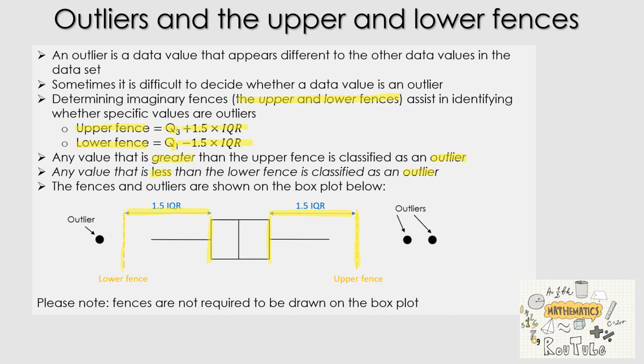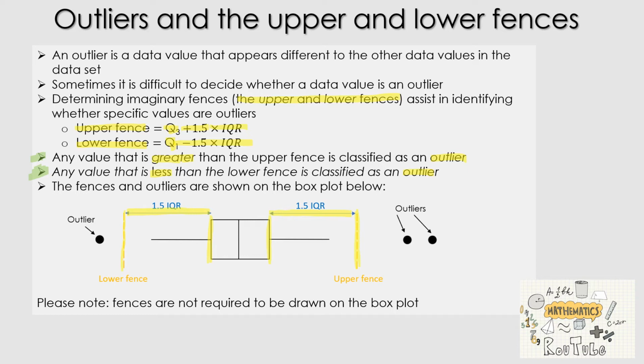Now it's important that you know you don't need to draw the fences when you draw a box plot. You just calculate them and then answer the question and justify whether there is or isn't an outlier in your data set. These two dot points that I've highlighted in green are extremely important, as is all this information.